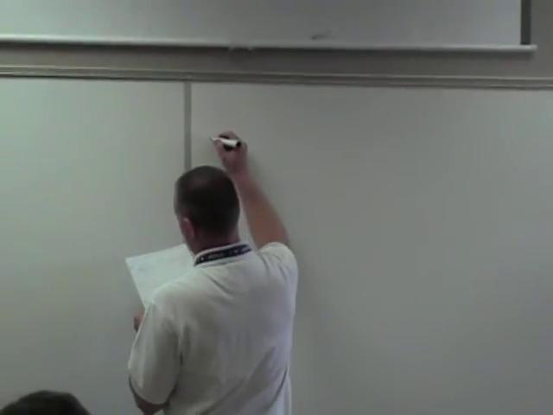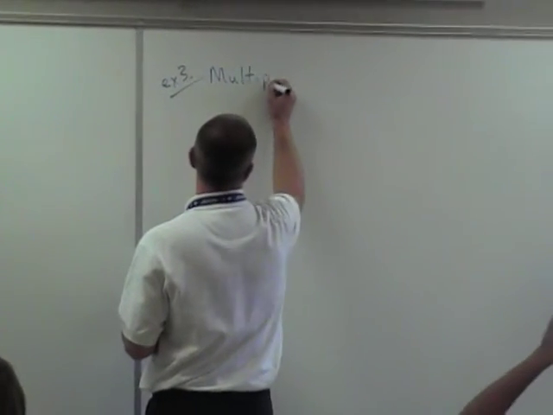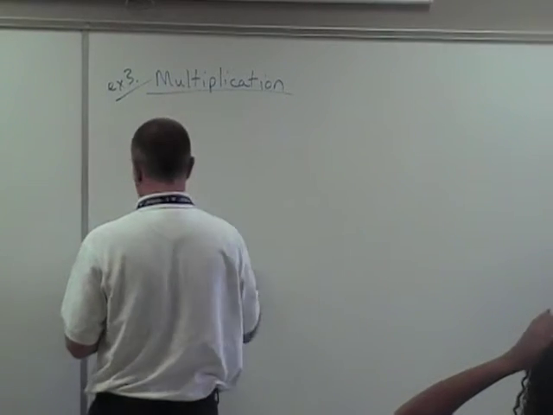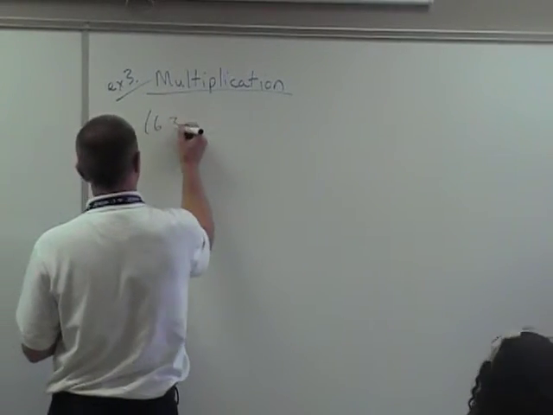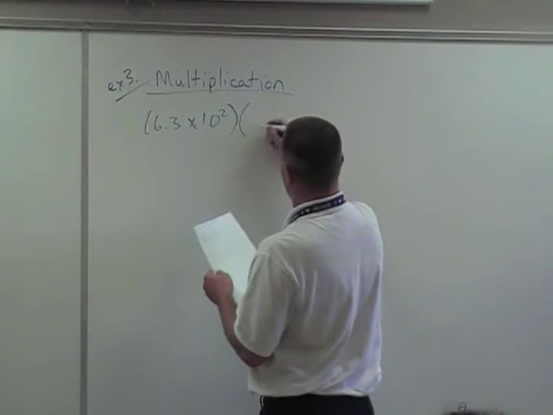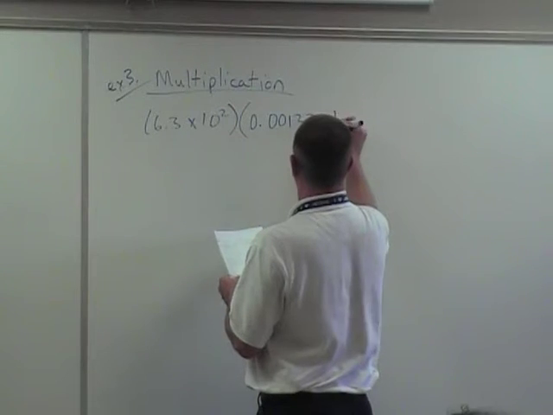Example 3, multiplication. 6.3 times 10 squared times 0.00132 times 10 to the 4th.